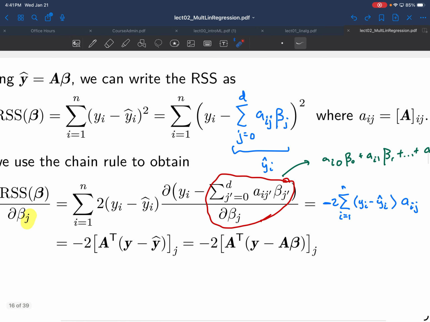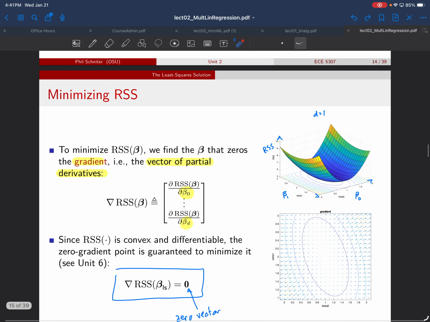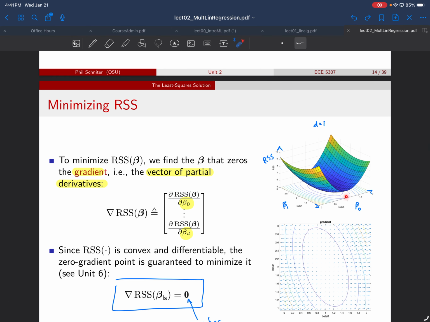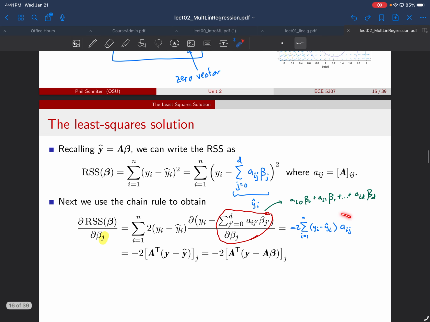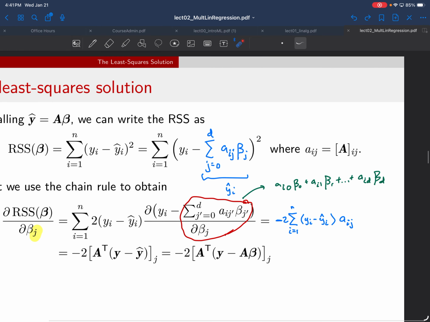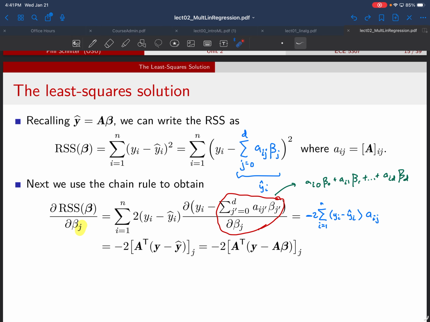Yes, back to this picture, I want to make sure my slope is 0 in these two directions. Right now I'm just looking at the slope in the jth direction for an arbitrary j, and I have derived that it equals this expression. This is the partial derivative, which is basically the slope in that direction. Any other questions?